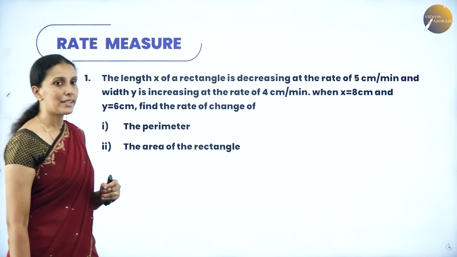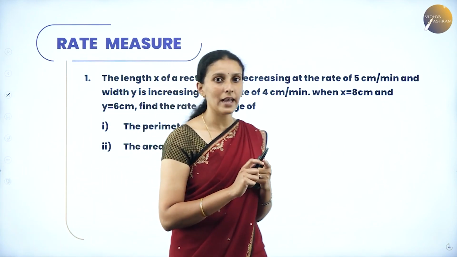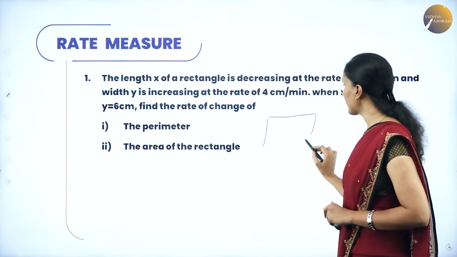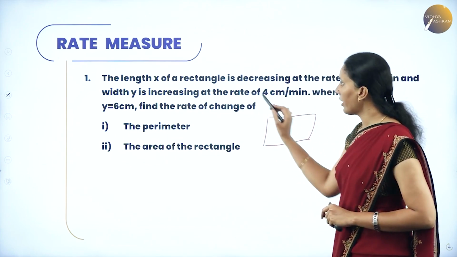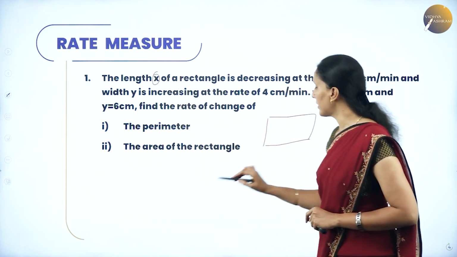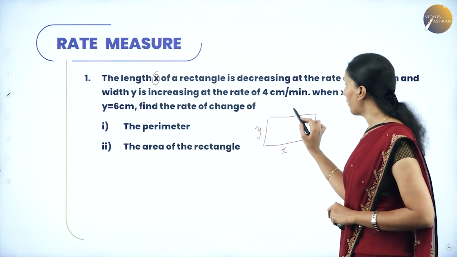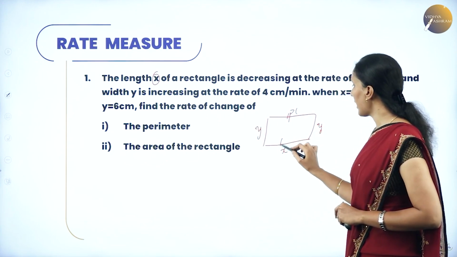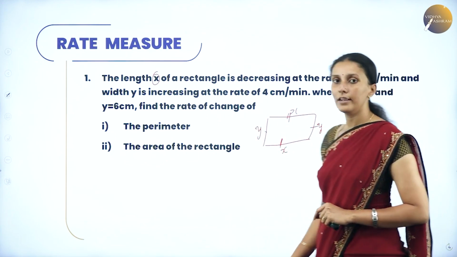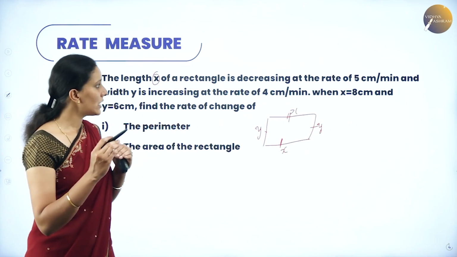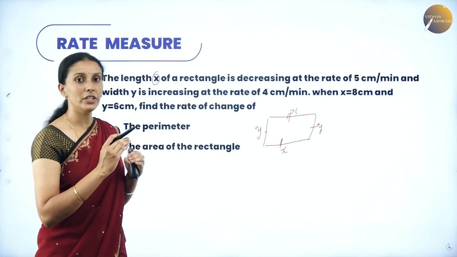So here a rectangle is given. We know that a rectangle has length and breadth. Length is expressed in terms of x here, and width is expressed in terms of y. We know that opposite sides are equal and parallel in a rectangle. Now, there is a change in length as well as a change in width.